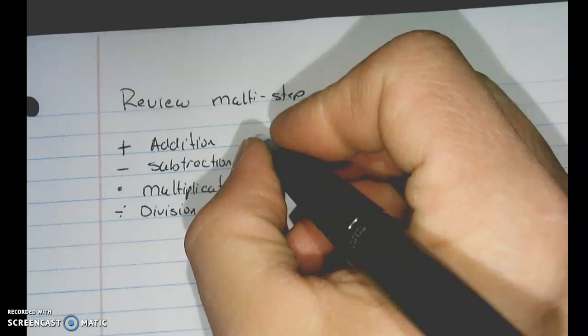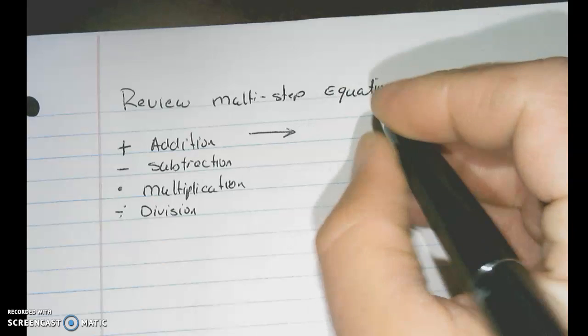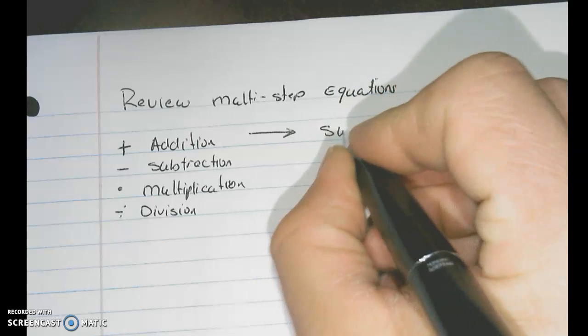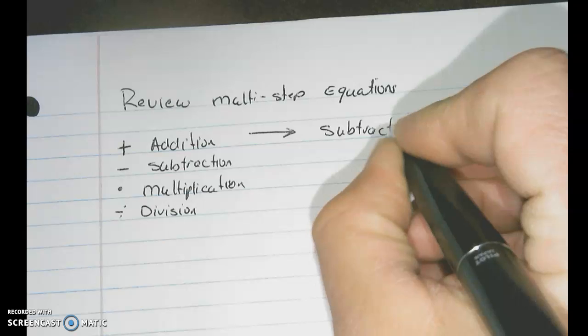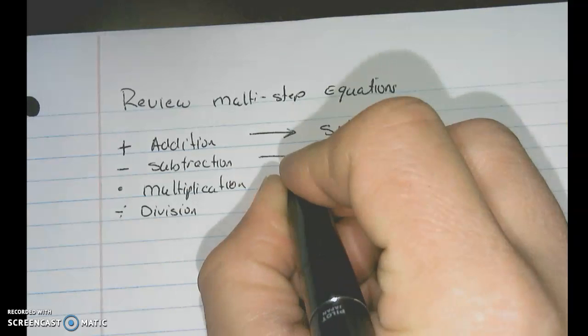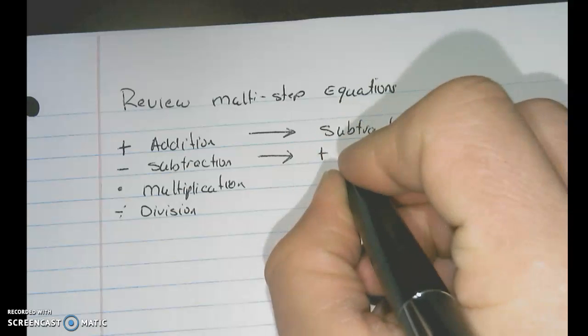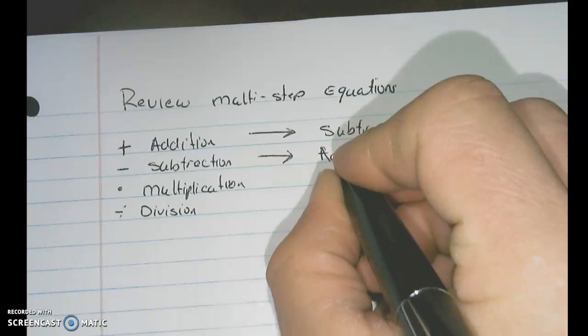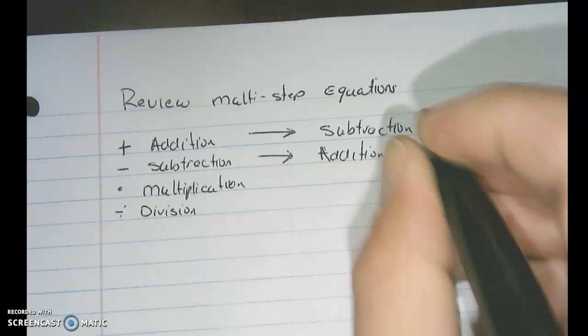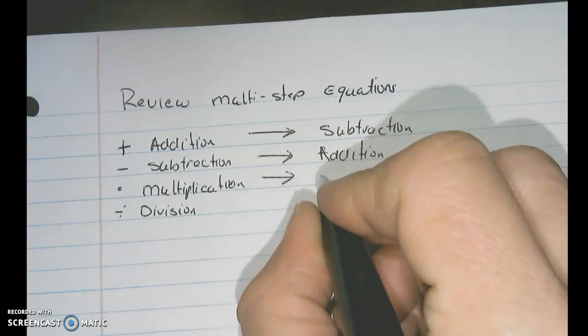So if I give you addition, what's the opposite of addition? Subtraction, perfect. If you see subtraction, what's the opposite of subtraction? Addition, right? Multiplication is going to be division.